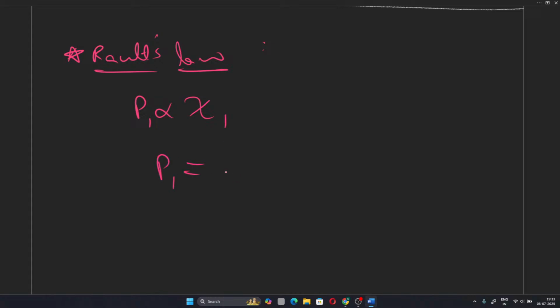Partial pressure is equal to P pure 1 times the mole fraction. This P0 is the pure vapor pressure, and it is acting as a proportionality constant. So P total in a binary solution equals P1 plus P2.